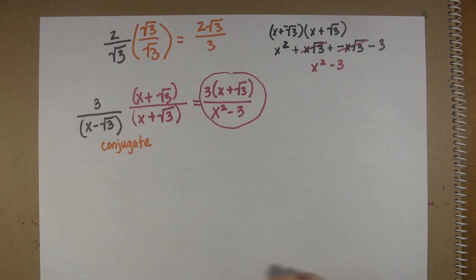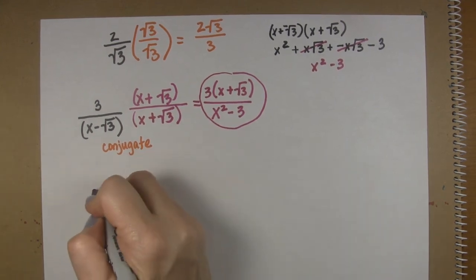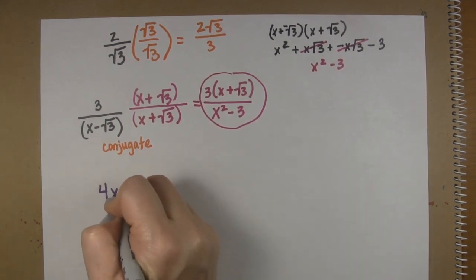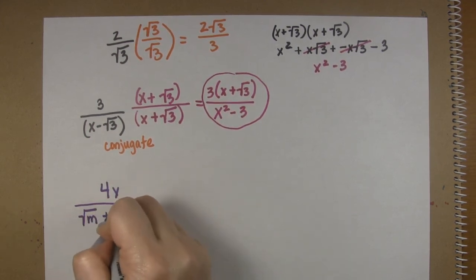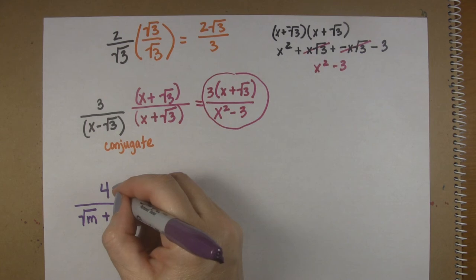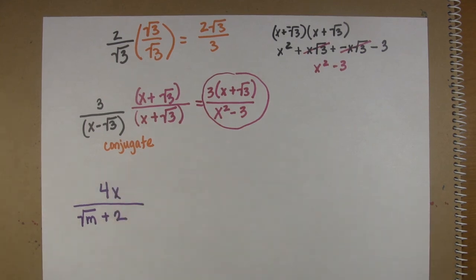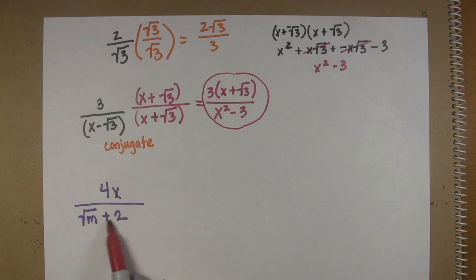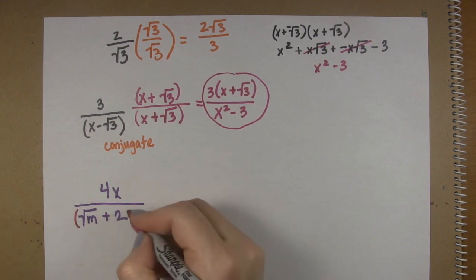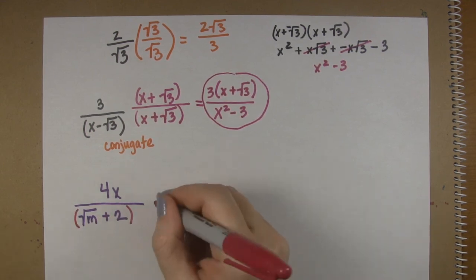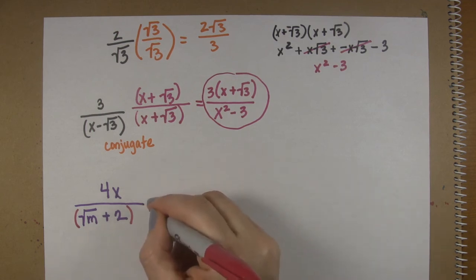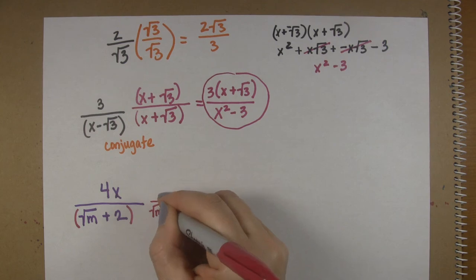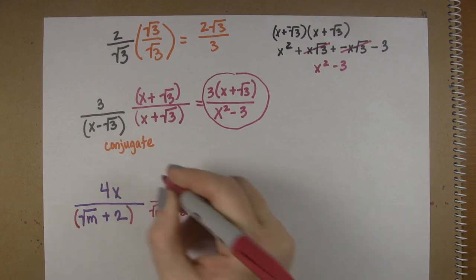Let's do this one. Let's do 4x over the square root of m plus 2. So again, we have these two terms here in the denominator. And so we are going to multiply them by the conjugate, which is the square root of m minus 2.